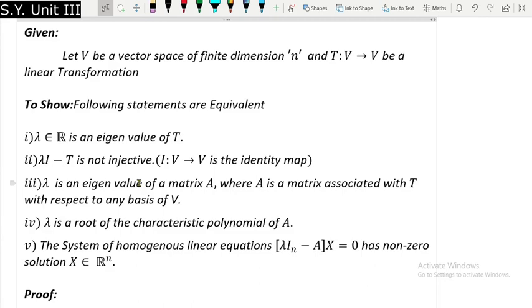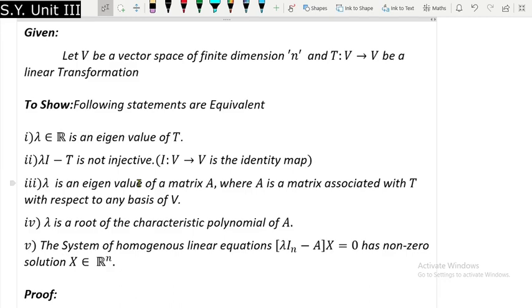Lambda I minus T is not injective, where I is the identity map. The third one is: lambda is an eigenvalue of a matrix A, where A is a matrix associated with T with respect to any basis of V. And the fourth one is: lambda is a root of the characteristic polynomial of A.